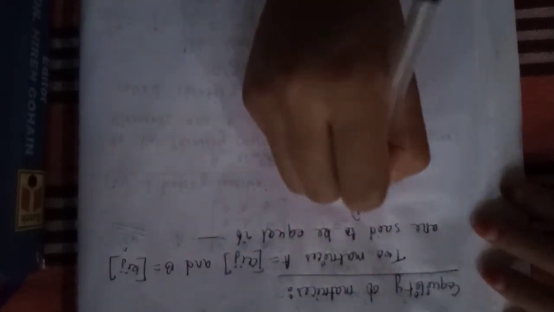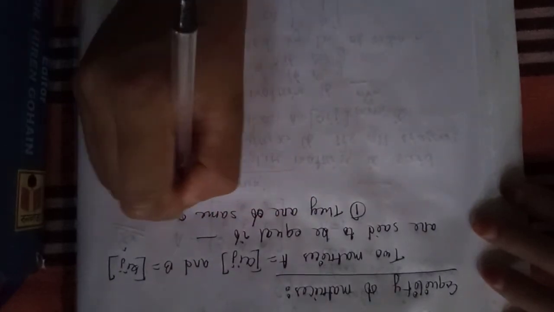So write: two matrices A equal to Aij and B equal to Bij are said to be equal if, first, they are of the same order.